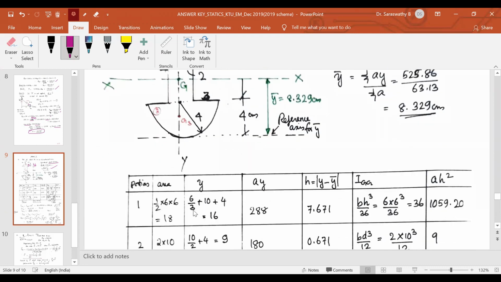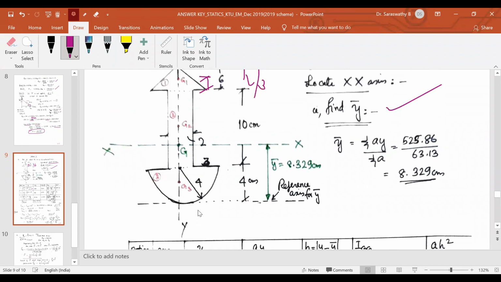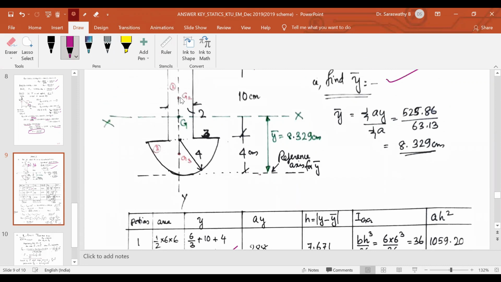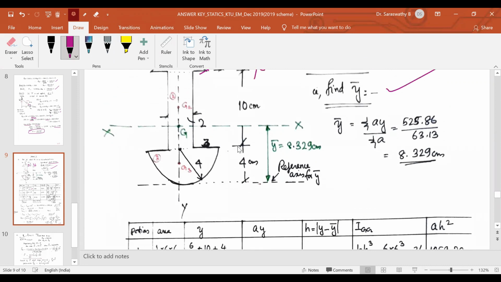The remaining calculations we can do later. Second area is the rectangle. Its width is 2, height is 10, so area is 2 into 10. Its center of gravity G2 will be 10 by 2, 5 centimeter from here. So 5 plus 4, 9.